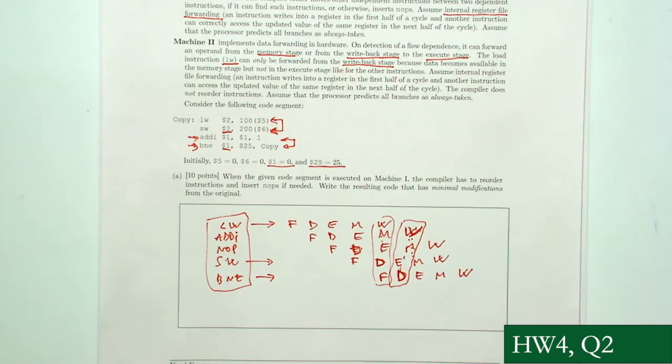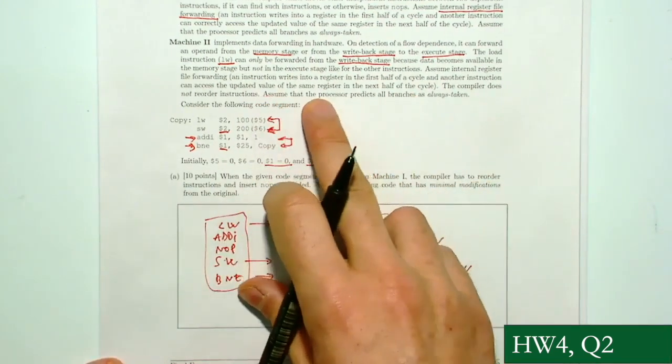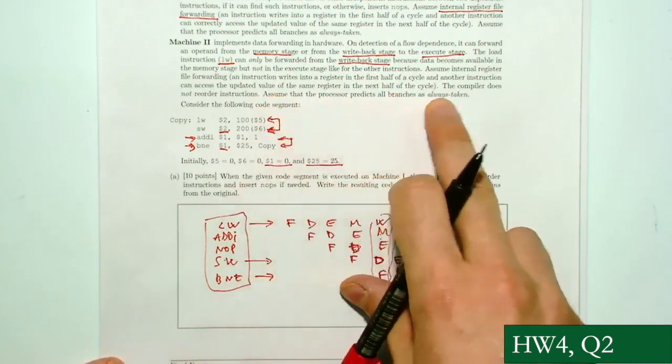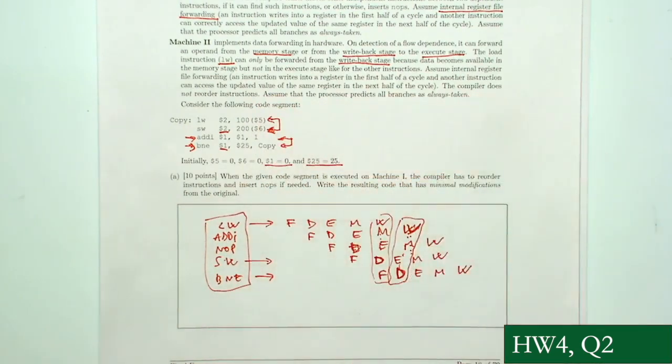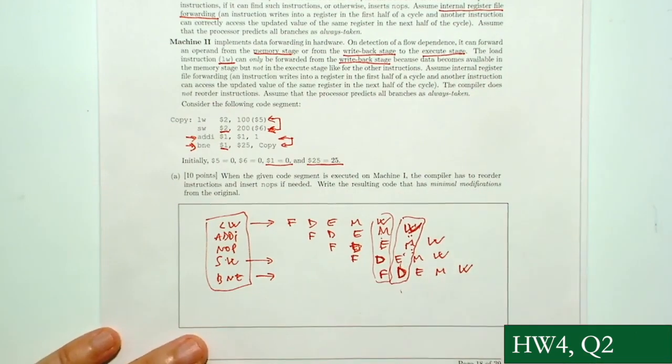So can I make an assumption? Yeah, of course, you can make an assumption. Here, the processor predicts all branches are always taken, right? This is a very easy branch predictor, so you can always assume that it's always taken, so you don't have any extra latency here.